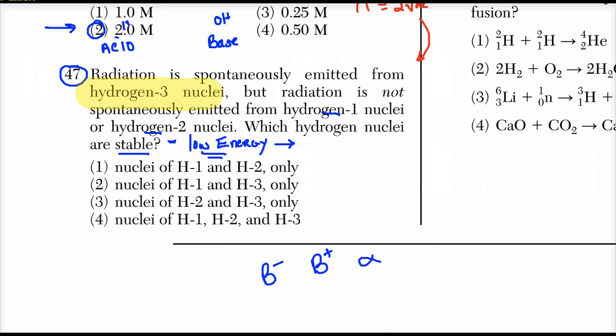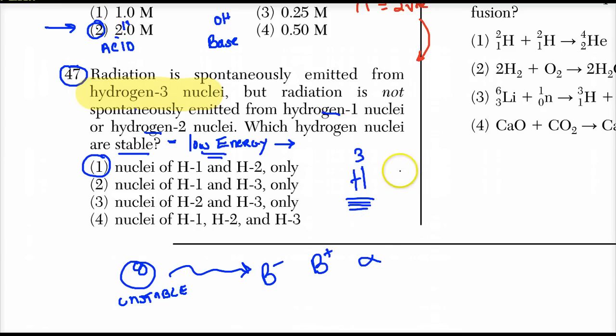The reason why things emit particles is because the nucleus is unstable and it wants to change itself into a stable nucleus. When you hear of radioactive decay, it decays into something more stable in its nucleus than it started. So in any case, the stable ones are 1 and 2 only. Hydrogen-3, sometimes called tritium, is radioactive, listed on Table N, by the way.